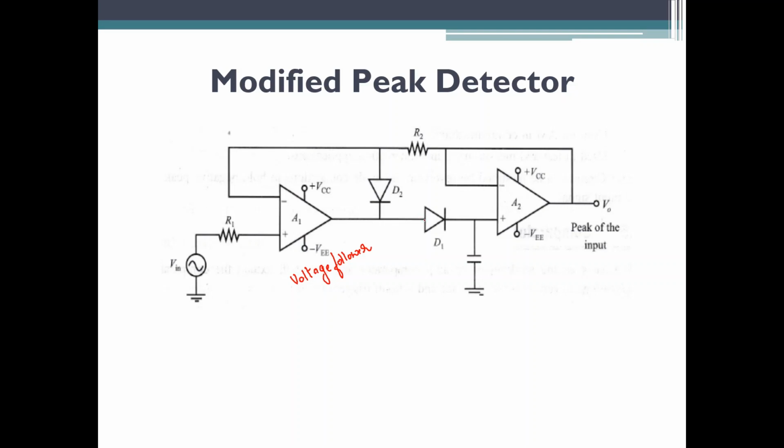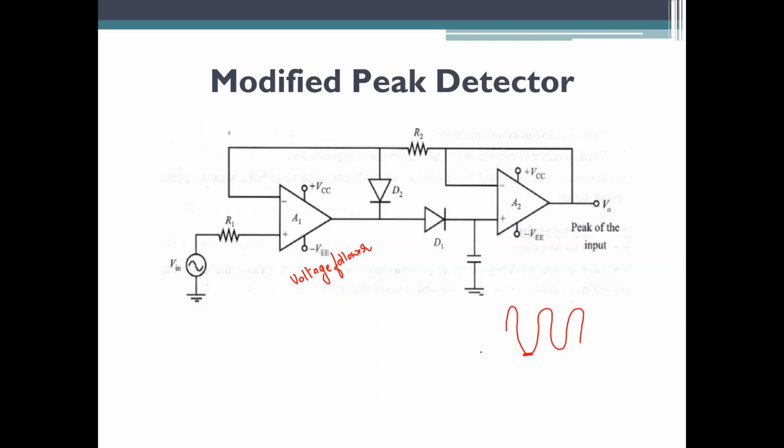This diode is connected here just to make sure your capacitor charges to the positive peak, and the diode connected here makes sure that the negative peaks are not displayed, because you will have both positive and negative peaks.